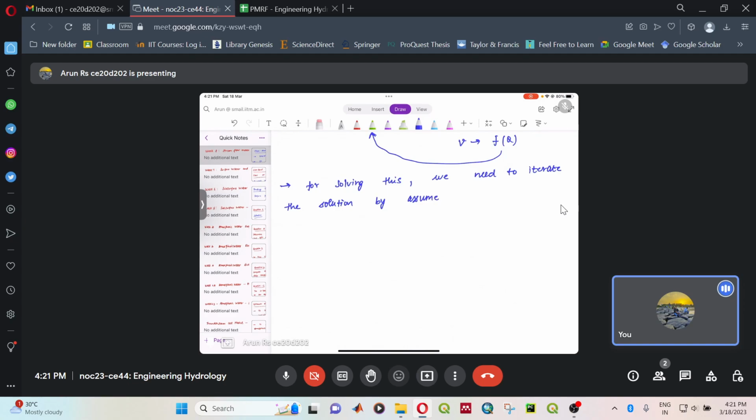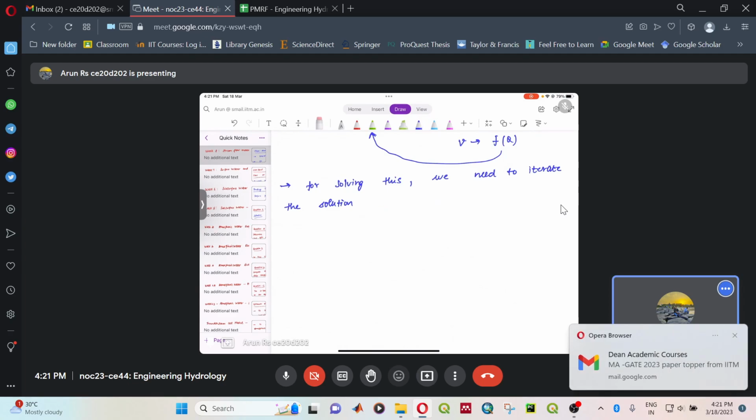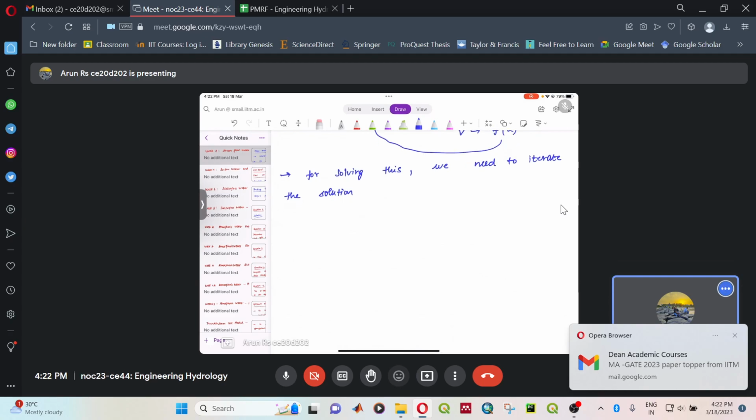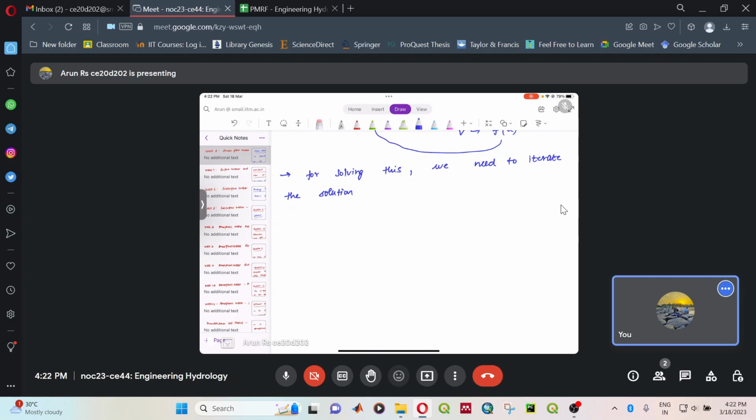So we will assume some initial value of velocity, and we have v1 also and v2 also. So this is what we'll be doing.